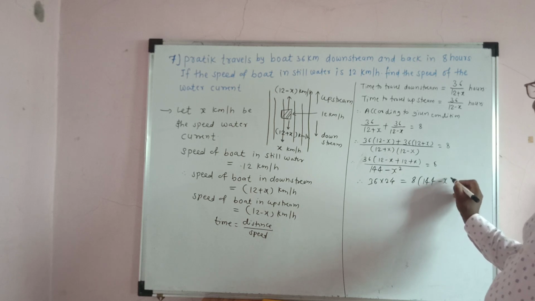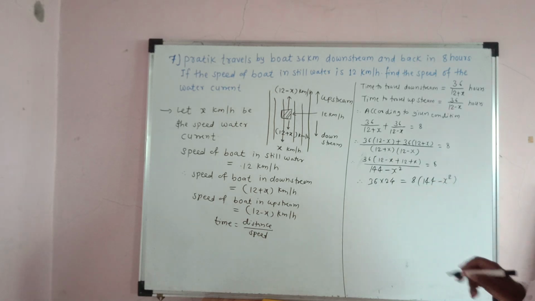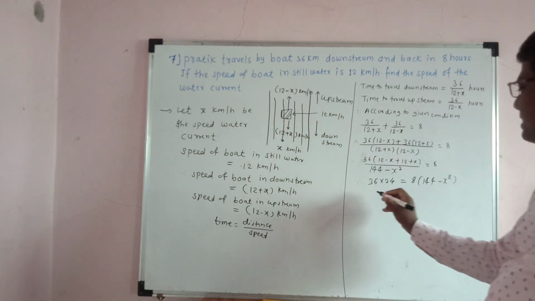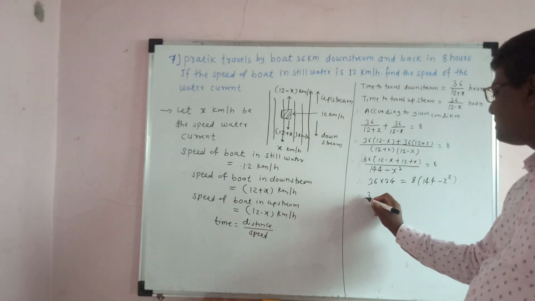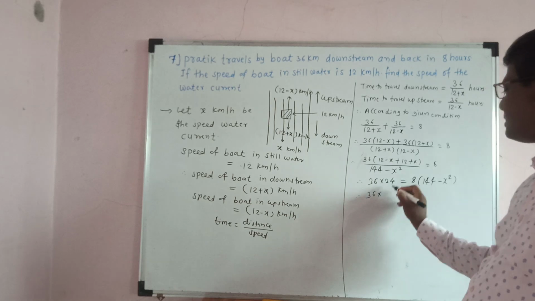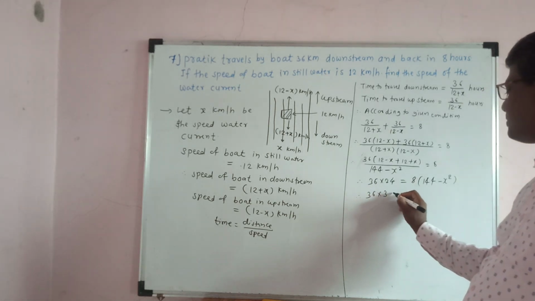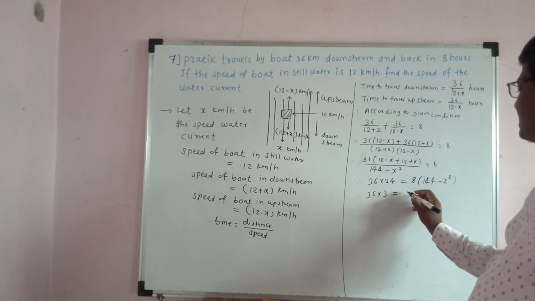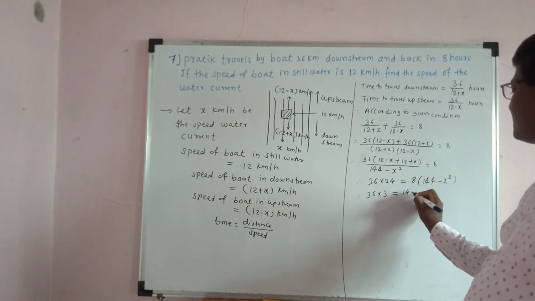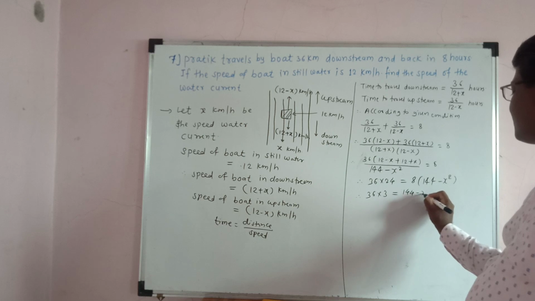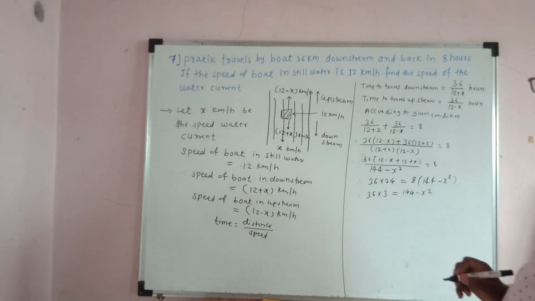Dividing both sides by 8, we get 24 divided by 8, 3 eights are 24, and 8 divided by 8. So what will remain here? 144 minus x square.